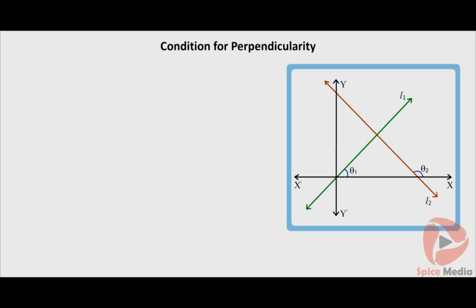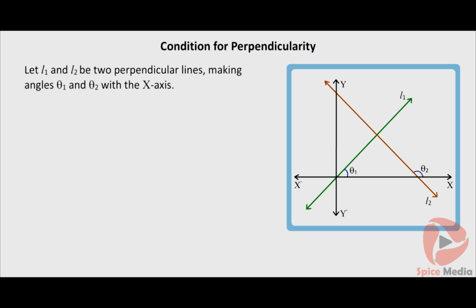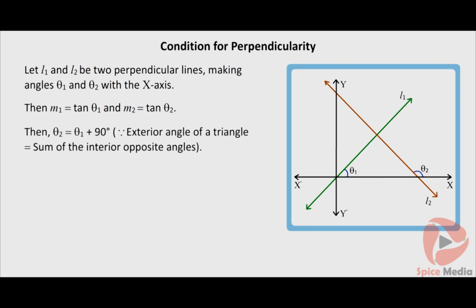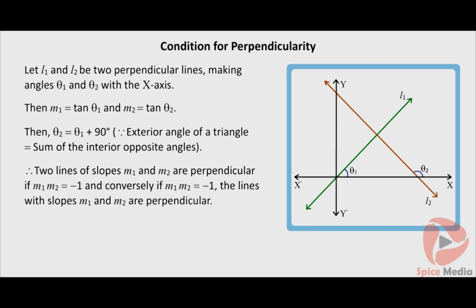The condition for perpendicularity is as follows. Look at this image provided here. Let L1 and L2 be two perpendicular lines, making angles theta 1 and theta 2 with the x-axis. Then, m1 is equal to tan theta 1 and m2 is equal to tan theta 2. Since the exterior angle of a triangle is equal to the sum of the interior opposite angles, we have theta 2 is equal to theta 1 plus 90 degrees.